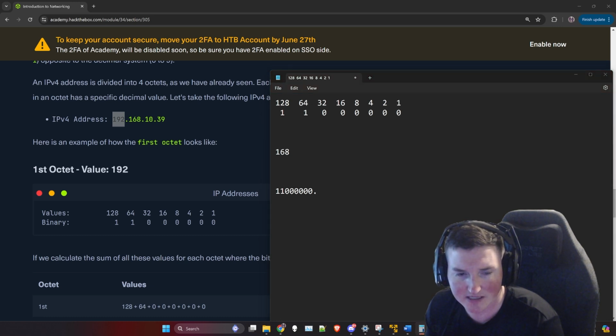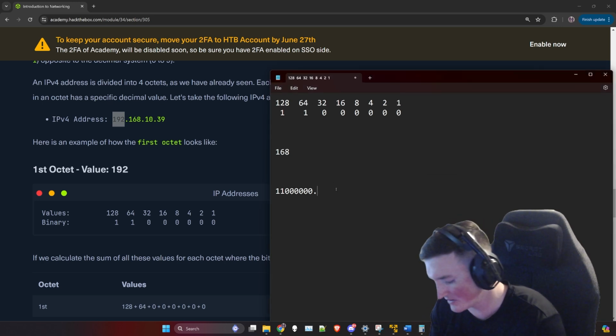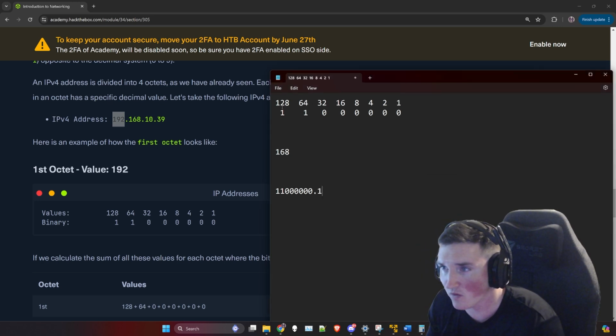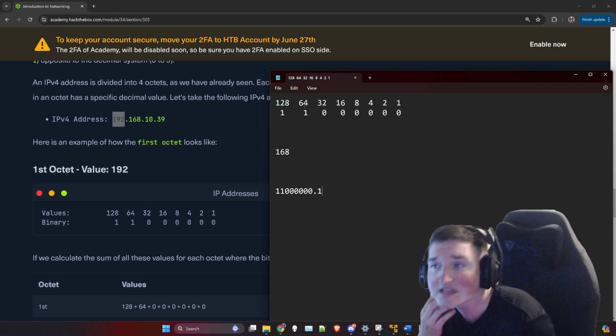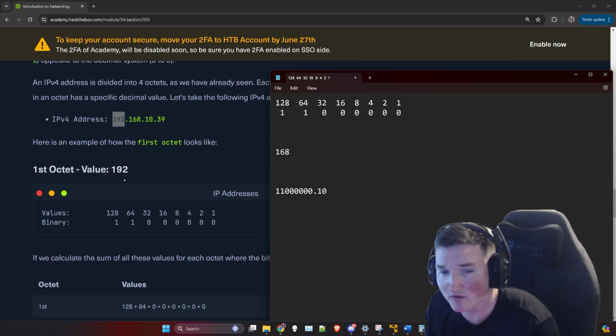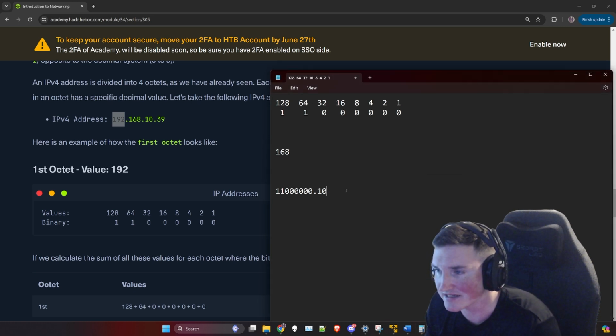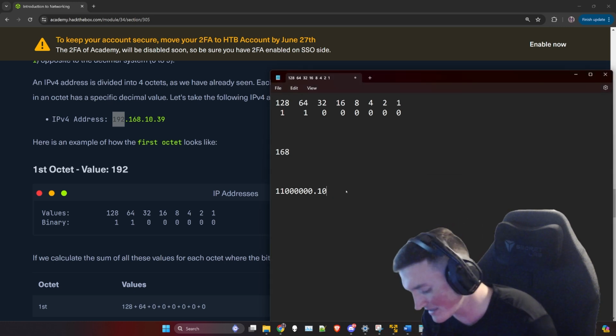So 168 minus 128, that's 40, right? So that's a 1 because it does go into 128. Now does 40 go into 64? Nope. So that's a 0. Does 40 go into 32? Sure. Or does 32 go into 40? Sure does. 40 minus 32 is 8. So there, it's a 1 because it does go into 32.